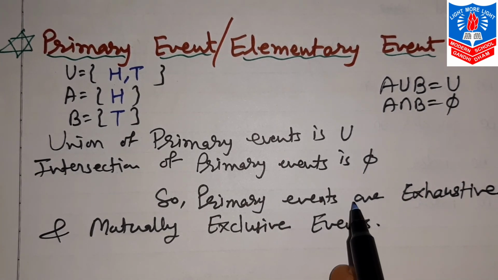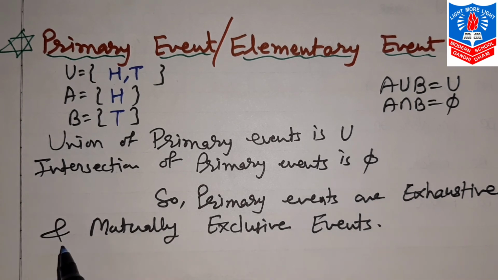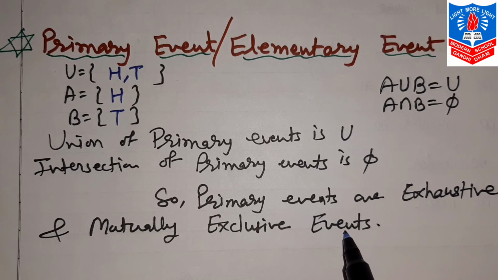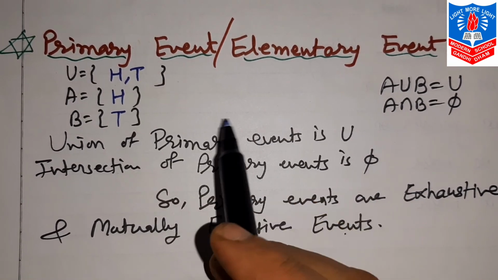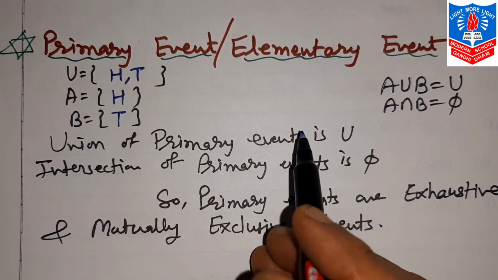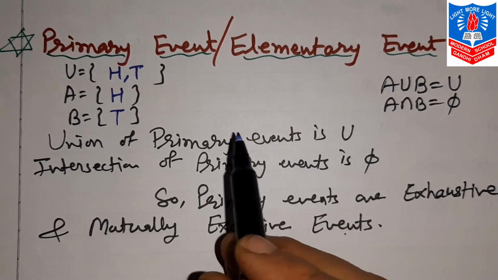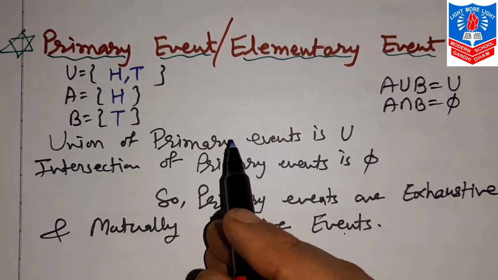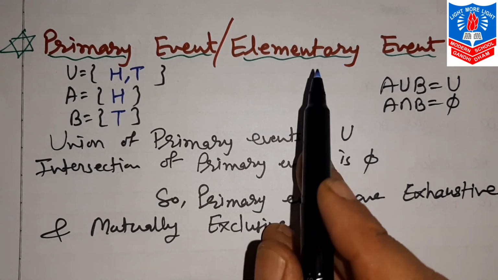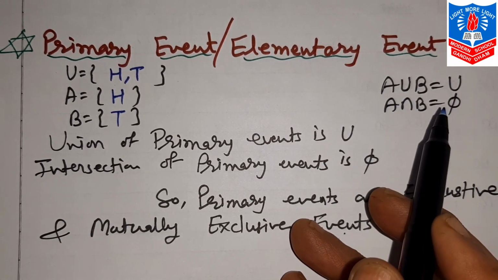So primary events are always exhaustive and mutually exclusive events. From both points of view, this primary event is not an important definition, but when we solve sums and the word primary comes, you should know what a primary event or elementary event is.